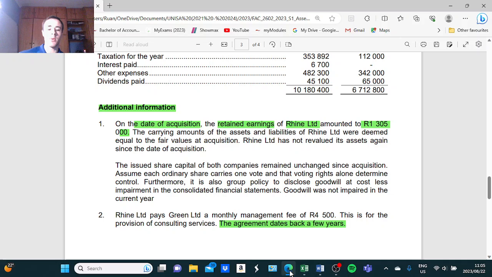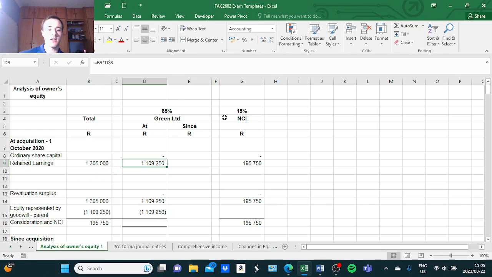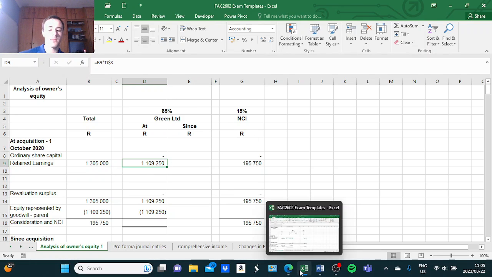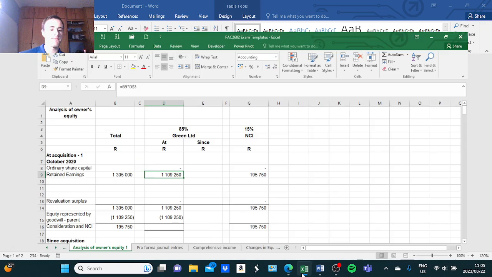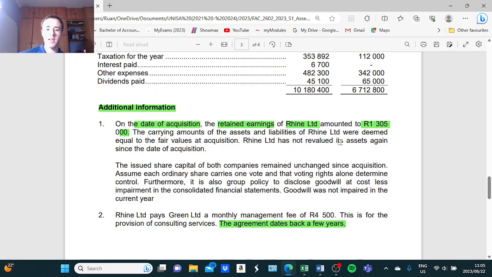So we will enter that amount as such. Retained earnings 1,305, which is then split between the parent and NCI according to their respective interest in the subsidiary's equity. So we have the retained earnings balance.